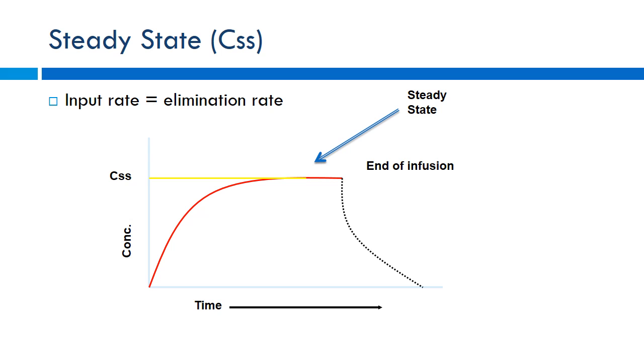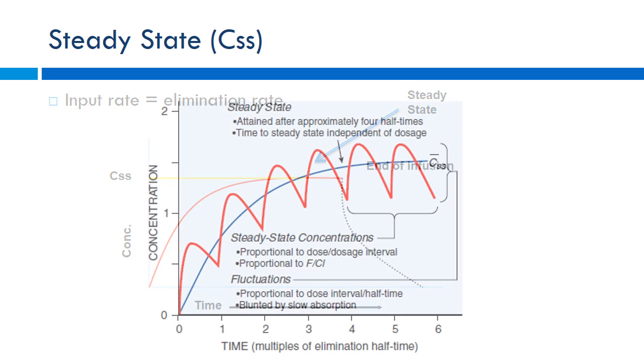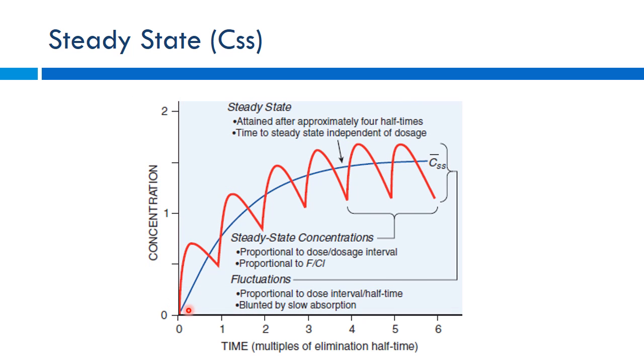Okay. Now, we mentioned that continuous infusions of drugs are not super practical in the majority of patients, so we can still figure out what the average steady state concentration will be using more intermittent doses, right? That's where the dosing interval came in, as a factor in the denominator where we saw what our CSS is going to equal. So if you see this continuous infusion being given here, notice how it gets to the steady state level. You can still get the same average CSS by giving intermittent doses.